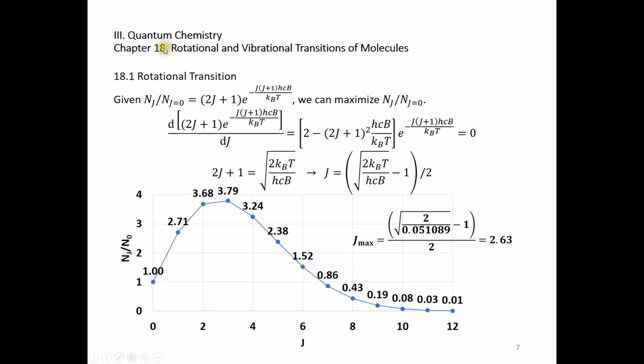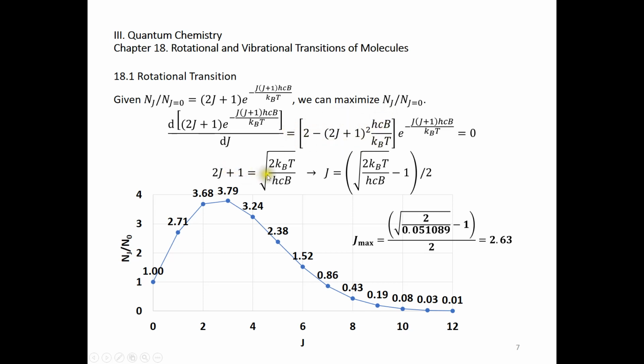That's what I'm doing right here. I'm taking the first derivative of this function of the relative occupation number, and we get this derivative. This has to be 0, and therefore 2 has to be equal to 2J plus 1 squared times hcB over k_B T. And we set this to be 0 again.